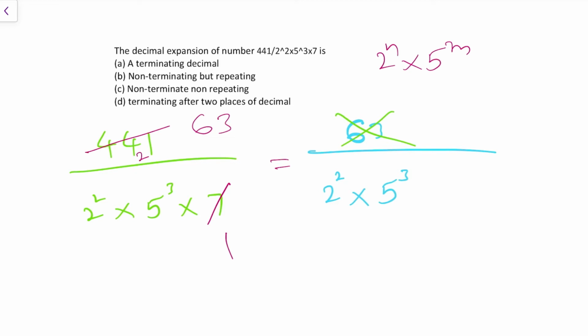Now if we observe the denominator clearly, here 2 power something, 5 power something. So obviously this is in the form of 2 power n into 5 power m. So definitely I can say that 441 divided by 2 square into 5 cube into 7 is having a terminating decimal. So option A is the correct option.